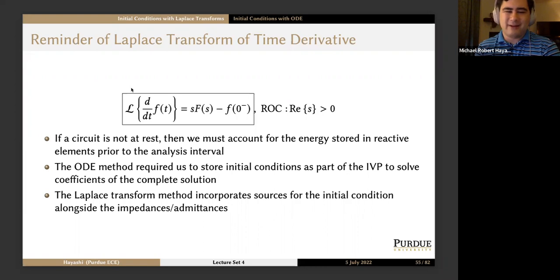So the ODE method required us to store the initial conditions as an initial value problem and then solve after we got the particular solution and the homogeneous solution with unknown coefficients. Then we used the initial values to solve it. So we were mentally storing the information aside until we needed it. The Laplace transform method actually incorporates the sources for the initial condition alongside impedances and admittances.